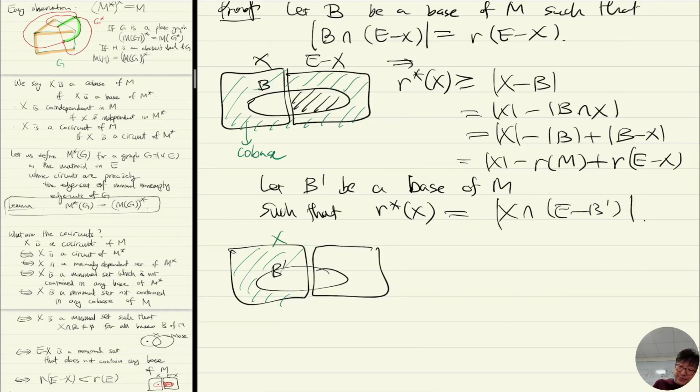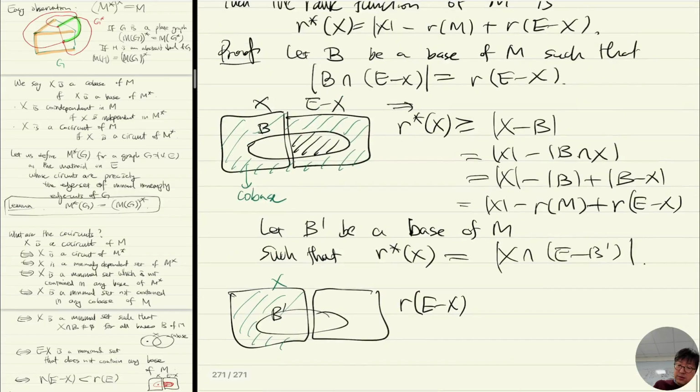Now, what can you say about the rank of E minus X? Right. It's at least the size of E minus X intersected with B prime, right?